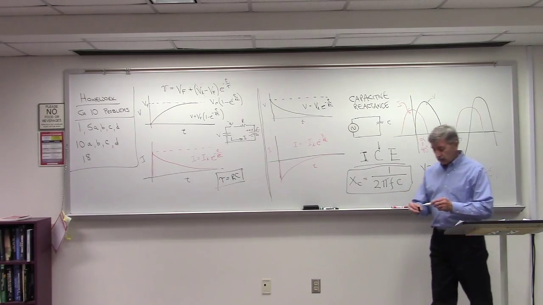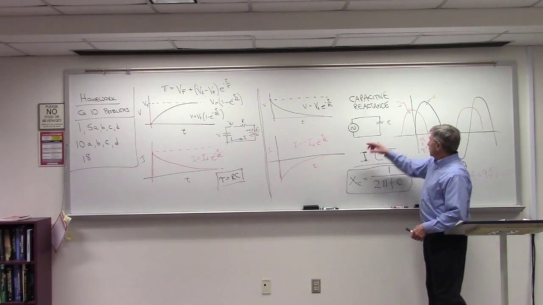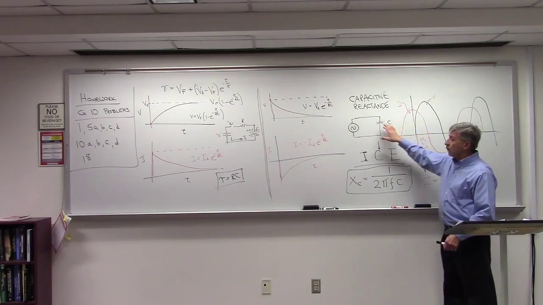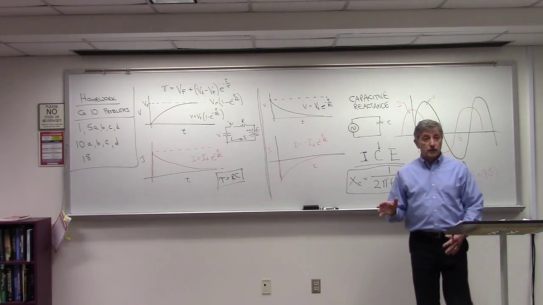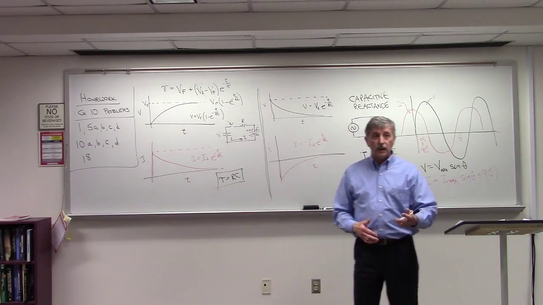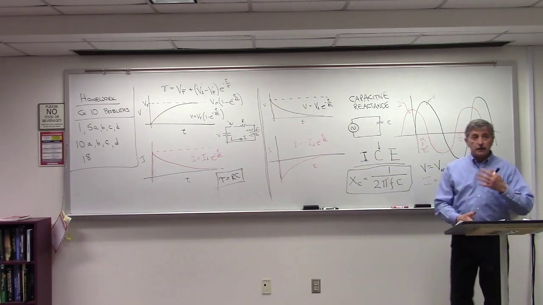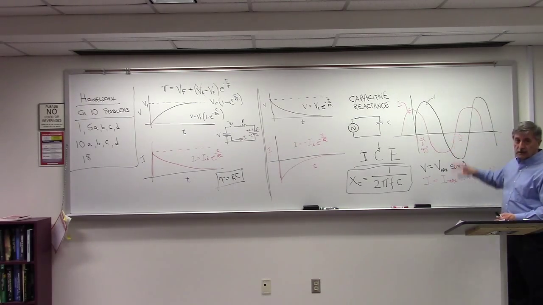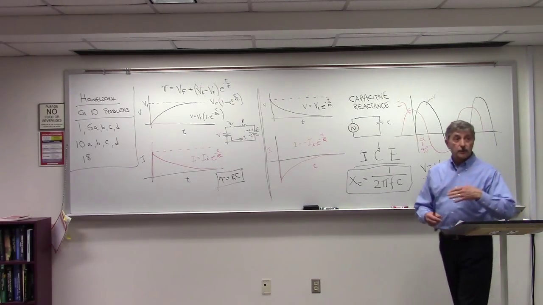Let's just say your capacitor is fixed. So if your waveform is in the positive cycle, you have one side of the plates going positive, the other side going negative. And just when this thing gets charged up, what happens? Whammo. The AC wave switches and it goes the other direction.